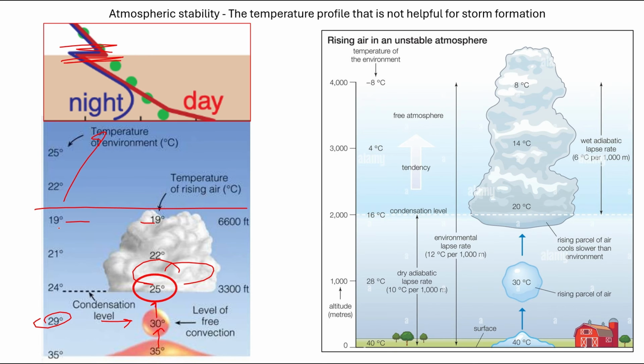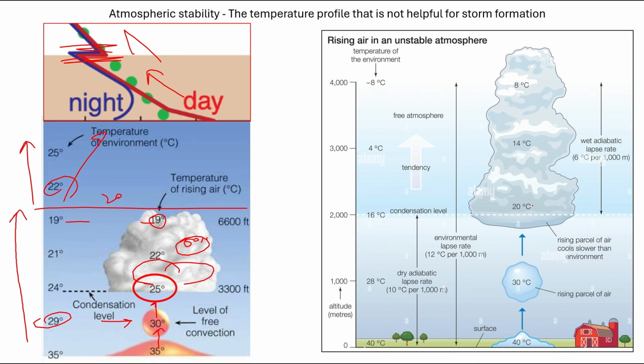Once it reaches this layer, from here to here the temperature keeps on reducing like this. But after that, from 19 it again starts increasing. That means this is that capping inversion. So here this is 19, outside 22 or 20 something. So it cannot climb further. So it stopped here. This is for the case with less moisture content.